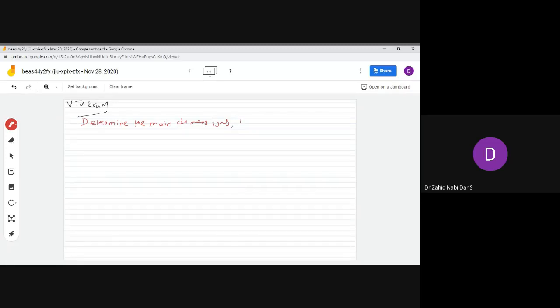Number of radial ducts, number of stator slots, and the number of turns per phase.